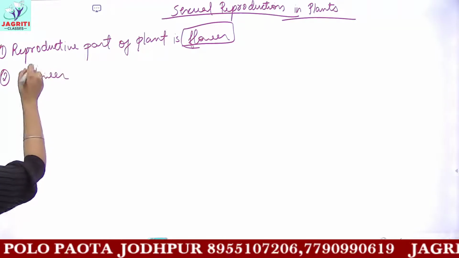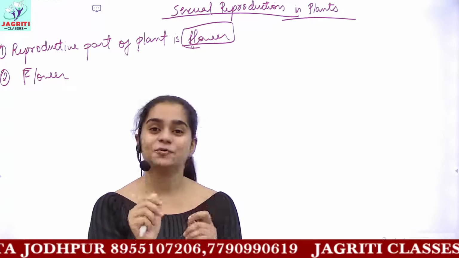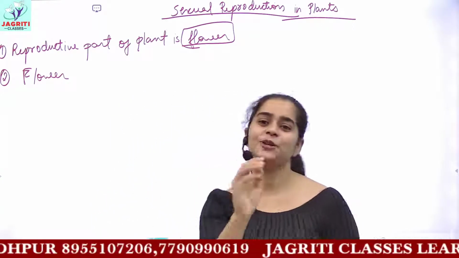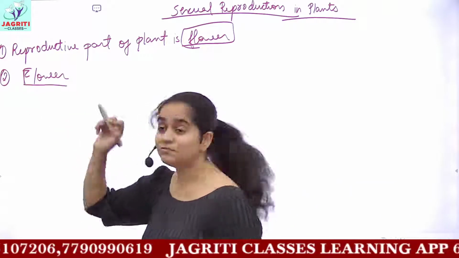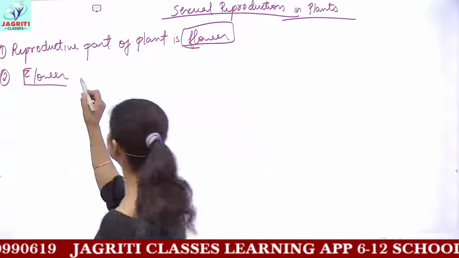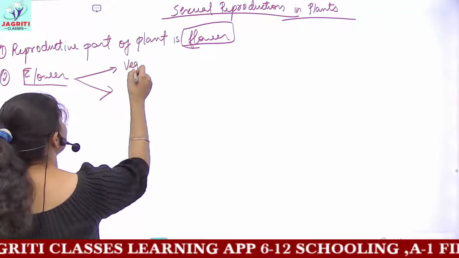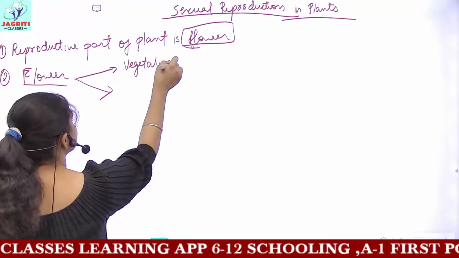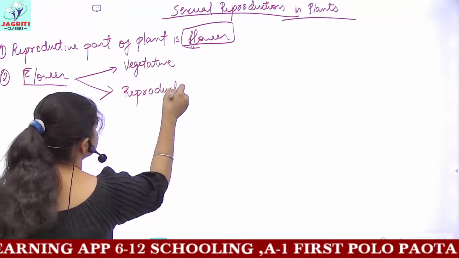You have all studied the structure of the flower in your junior classes. You can even see the diagram of the flower, which is very beautifully made in the NCERT textbooks. The different parts of the flower can be divided into two groups. The first would be the vegetative part and the next one would be the reproductive part.